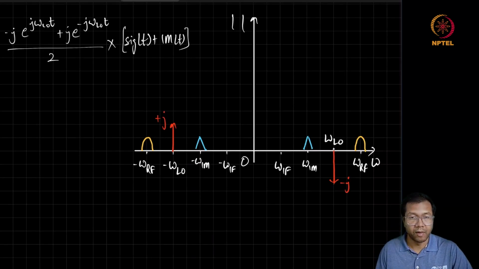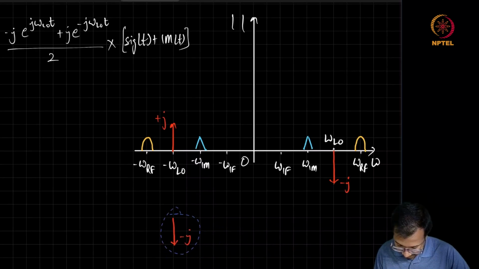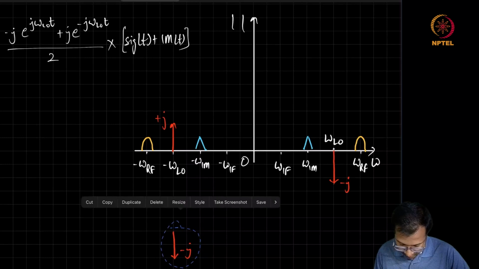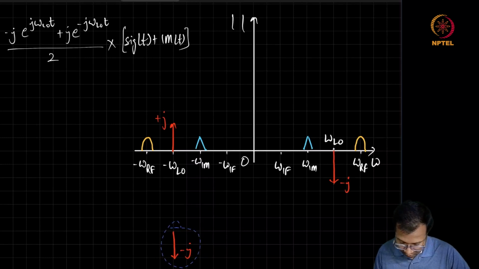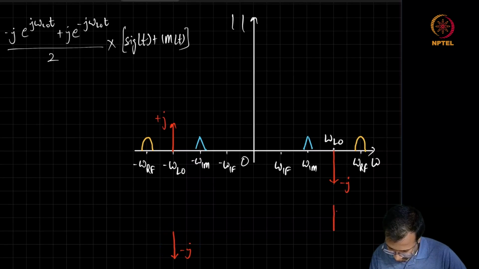Okay, now we will perform the same convolution as we did earlier. First, flip the spectrum to see how the convolution is going to down convert the two signals.